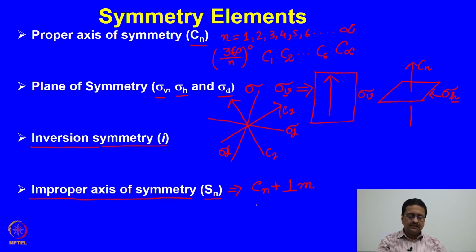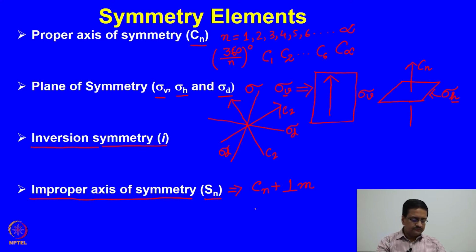That means, if you have a C2 and a sigma h in the molecule, then you should have the S2 axis. Like that, if you rotate the molecule by 120 degrees and do a mirror plane, you get the mirror image. So, by doing that, if you get the same molecule, then you say that it has an Sn axis.